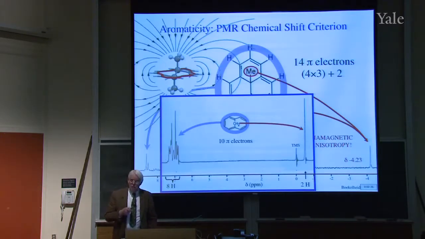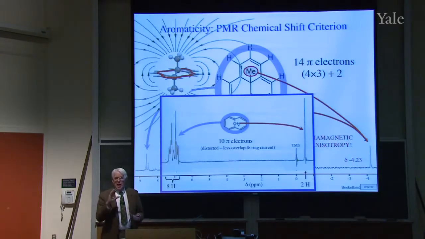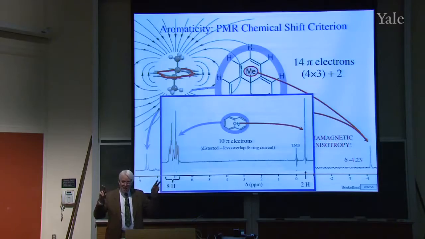Now, they're not shifted as far. Why not shifted as far? There's not as much ring current. There are not as many electrons, but the other reason is that that was distorted, so the overlap isn't as good and you don't get as much circulation. Right? But still, you can see that it is benzene-like. It is, in this context, aromatic because the CH2 is shifted up above TMS, very unusual.